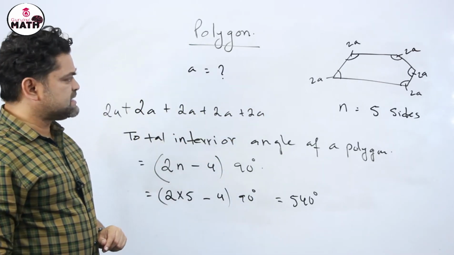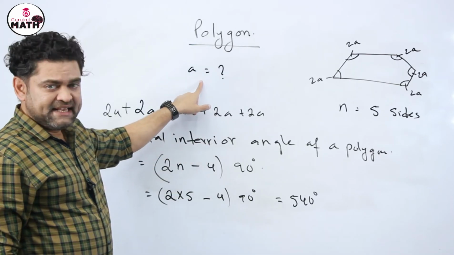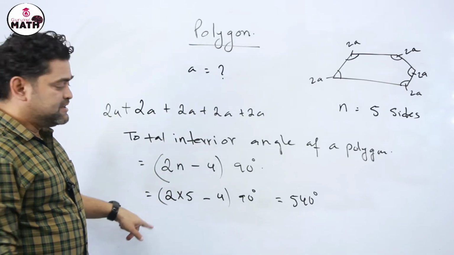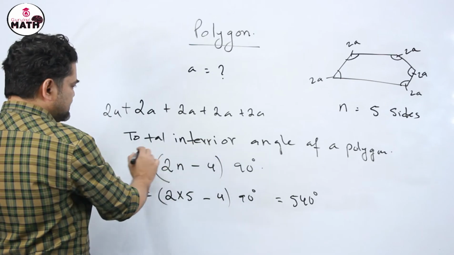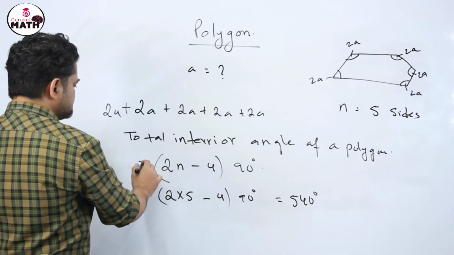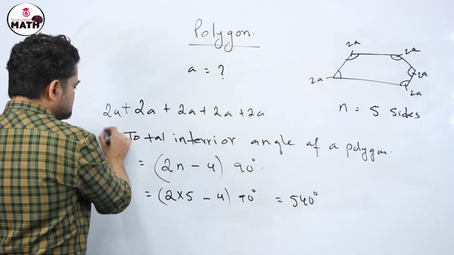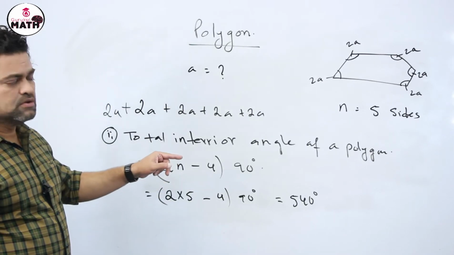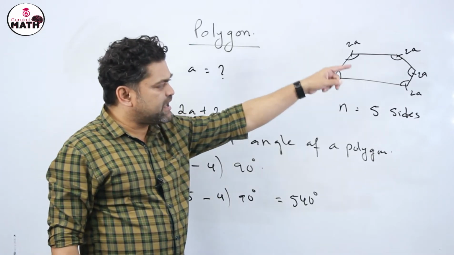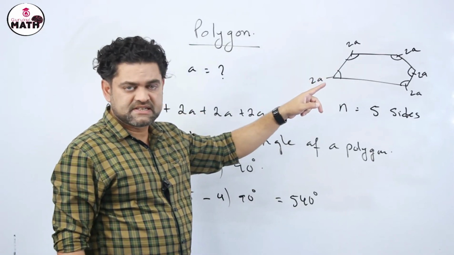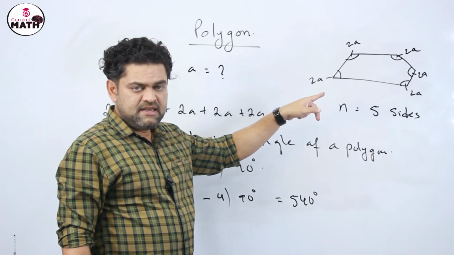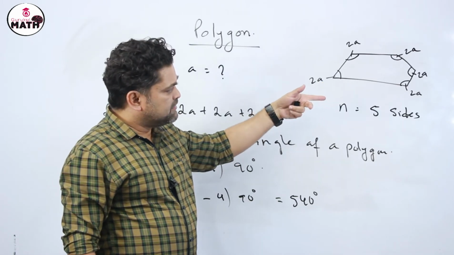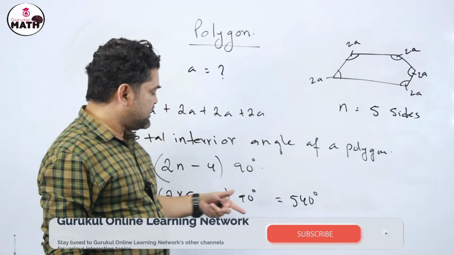But my main concept is to find A, not the total interior angle. So this is my total interior angle of a polygon. You have to use this formula, that is number 2. Number 1, I have said that the sum of the exterior angles of a polygon is 360 degrees, as you can see in my first lecture.